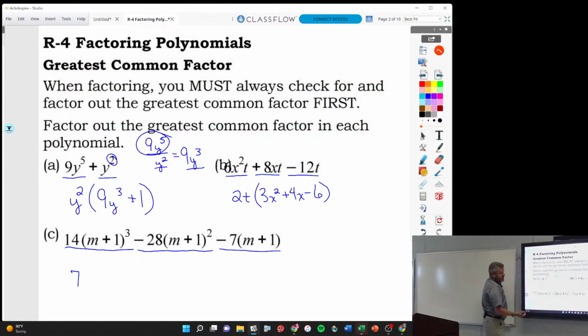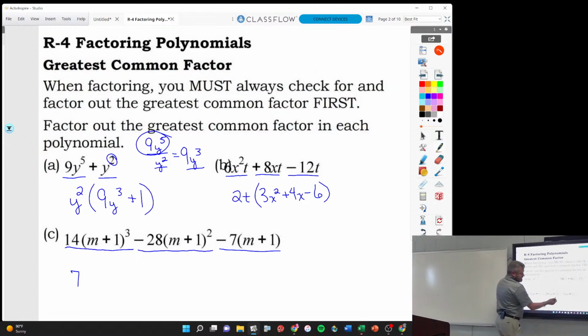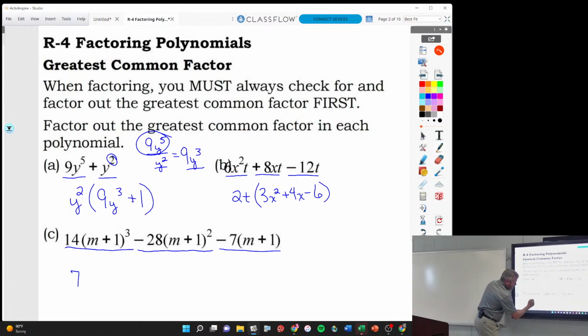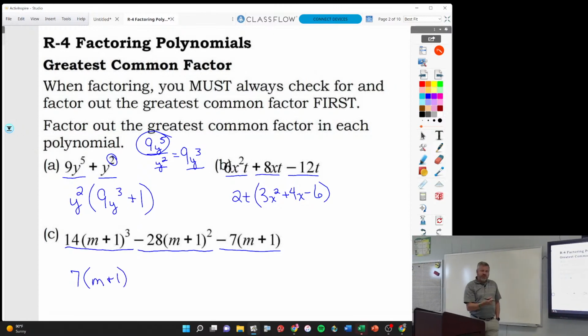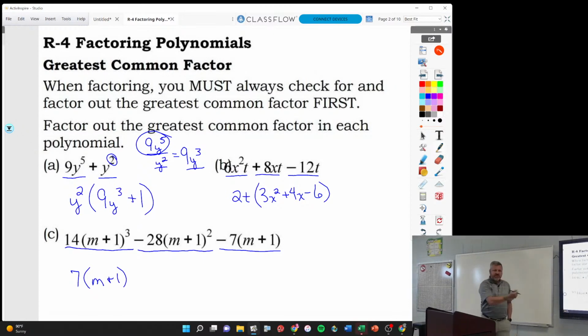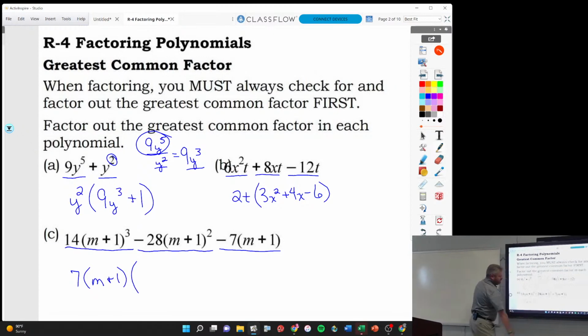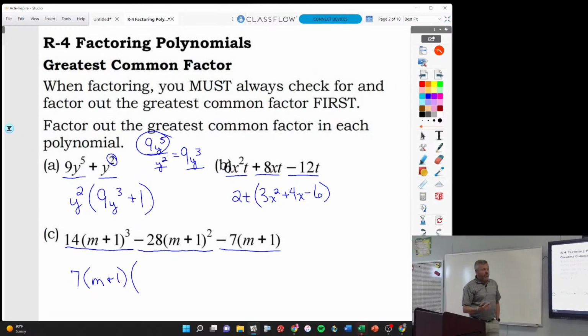What else do those terms have in common? Well, the first term has an m plus 1 that's cubed. The second term has an m plus 1 that's squared. And the third term has an m plus 1, which means all 3 of those terms have an m plus 1. So now that I've taken that 7 away from all 3 terms, and that m plus 1 away from all 3 terms, we can ask ourselves, what's left?